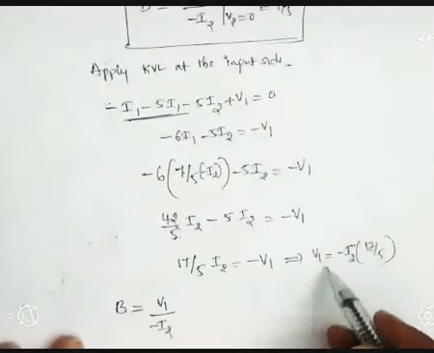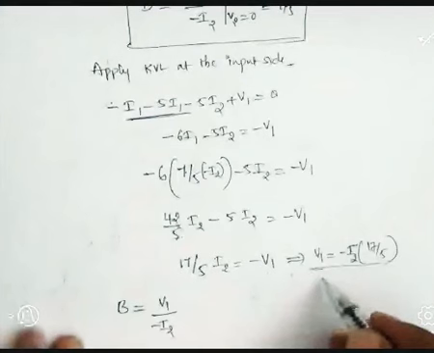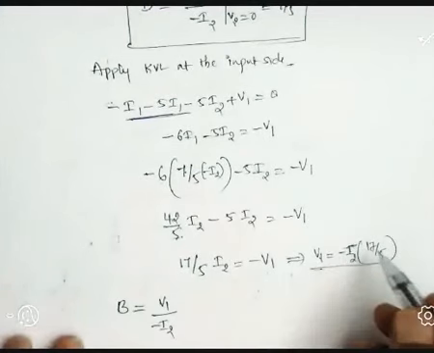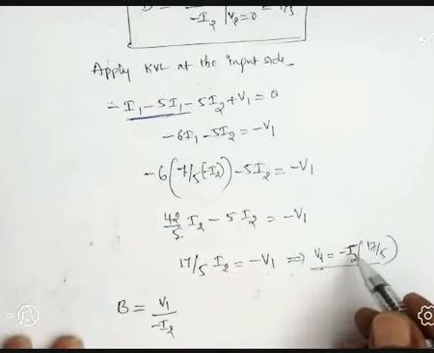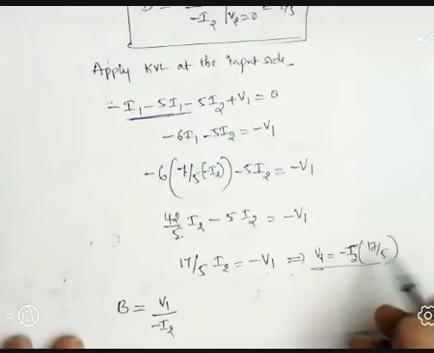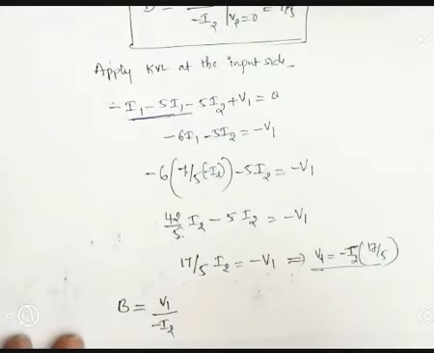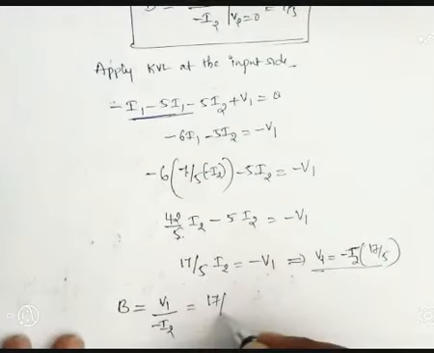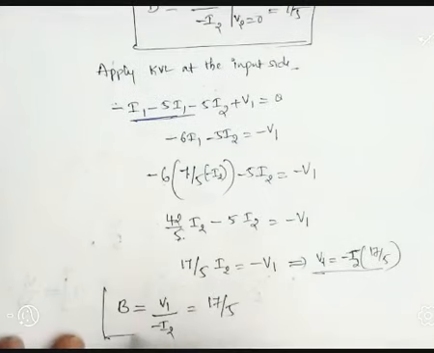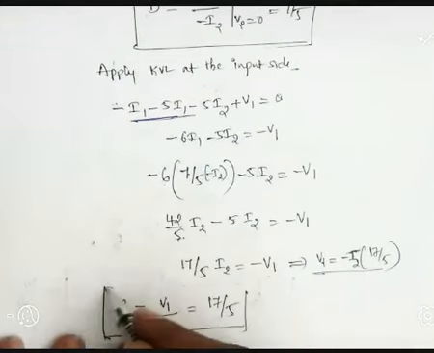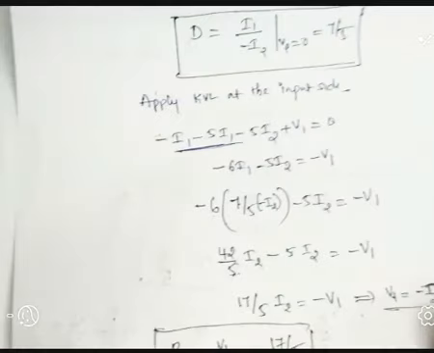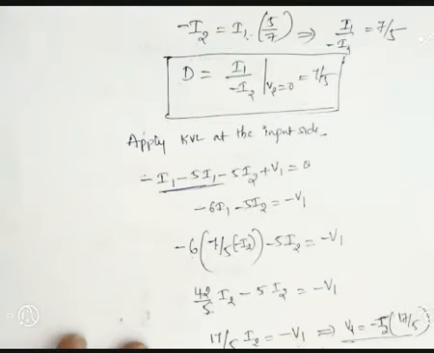So from this we can write V1 by minus I2 equal to 17 by 5. Hence it is 17 by 5. Hence we calculated all the parameters. We calculated all the ABCD parameters.